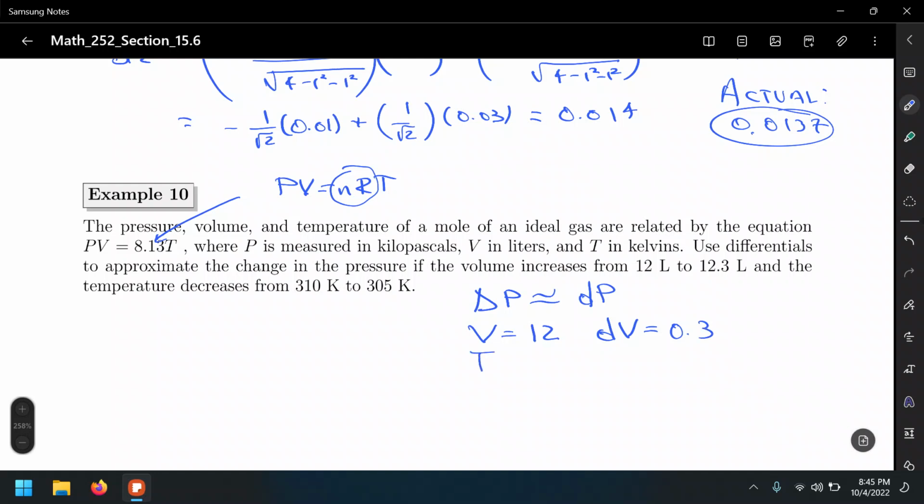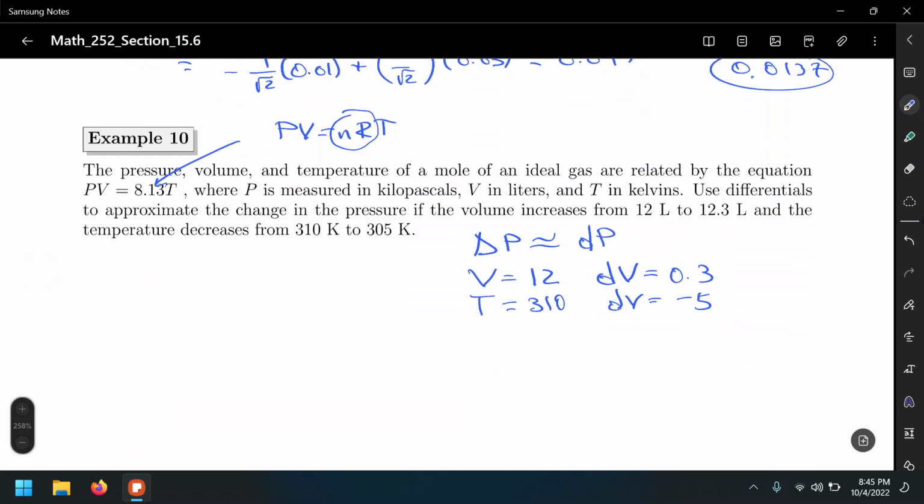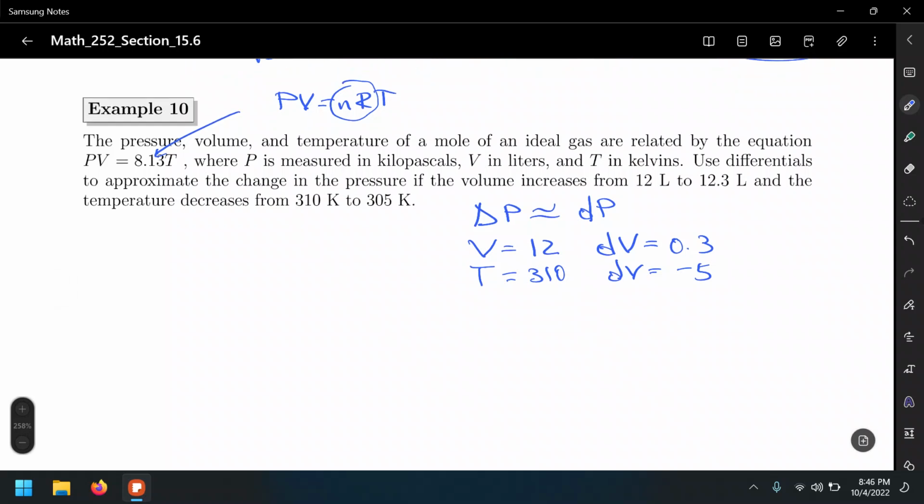We also have the temperature, which is 310 kelvins, and well, since it's cooling, 305 kelvins, from 310 down to 305, so that's going to be a decrement of negative 5 units. Again, the sign is going to matter in this case, since we're not taking absolute values as changes. So we go with the sign depending on whether it goes smaller or larger.